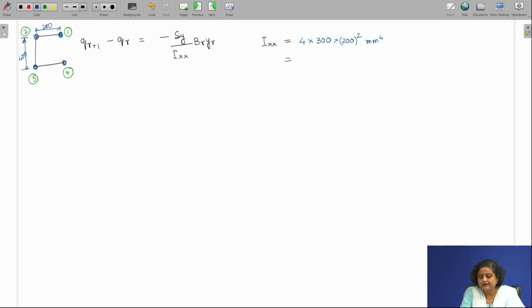If we find this, this is going to be 48 into 10 to the power 6 millimeter 4.